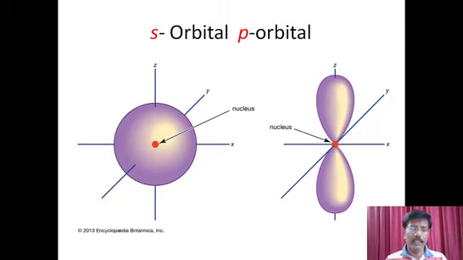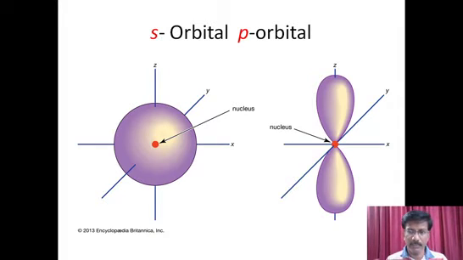The s orbital is a spherical shape. Already we know that an orbital is nothing but the probability of finding an electron in three-dimensional space around the nucleus. So the s orbital is covered in all directions. It is given a positive sign. And the p orbital is a dumbbell shape.